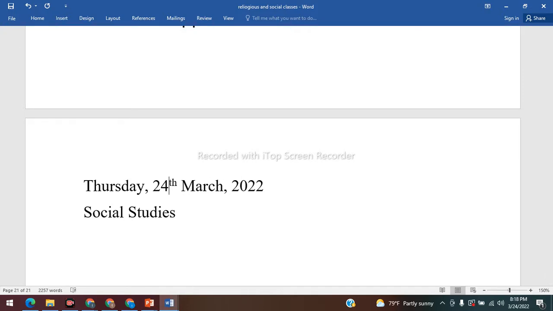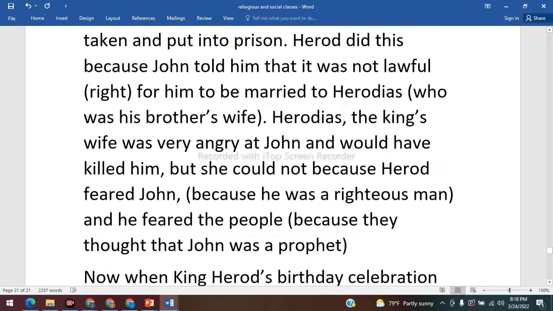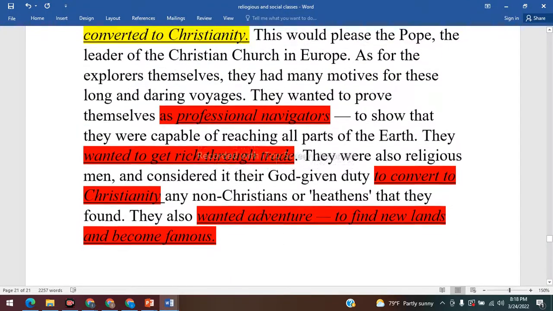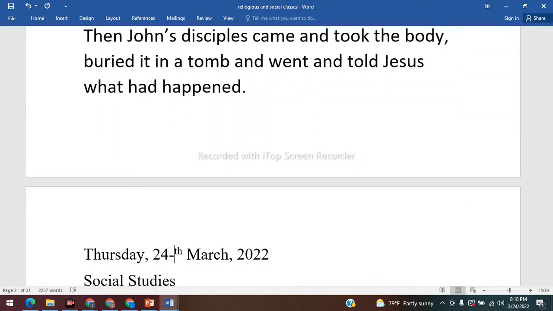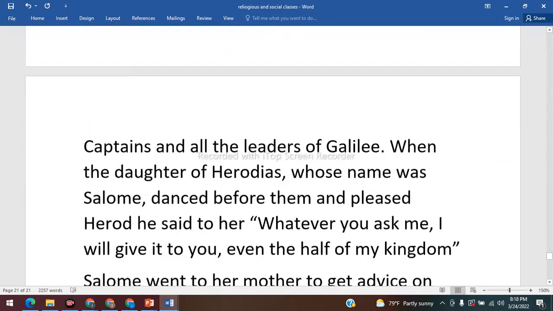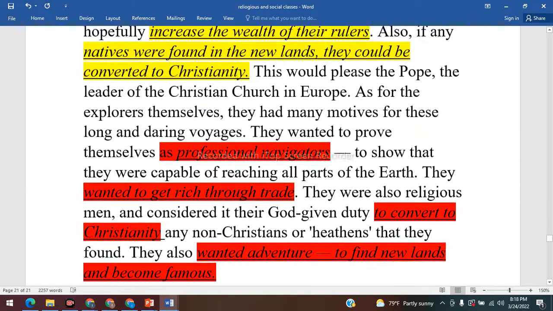Good. Why do you think that these are good motives that they had for wanting to explore? Yeah, I want to get rich too. My goodness. Anyone else? I wasn't expecting that.